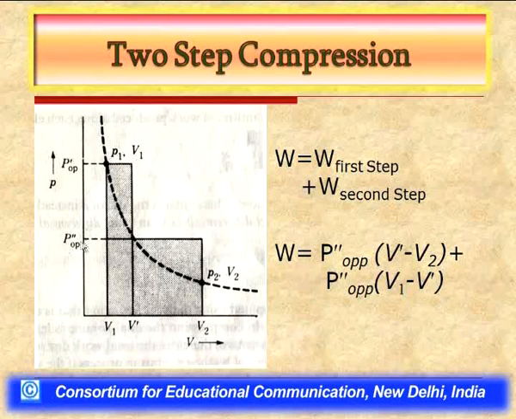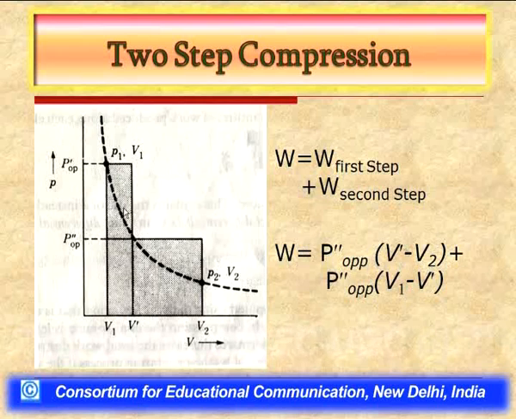So, P dash op is the pressure exerted by the first mass object, and P double dash op, which is P1, is the final pressure being exerted. V dash is the final volume involved in the first step. So, therefore, we have given an expression.